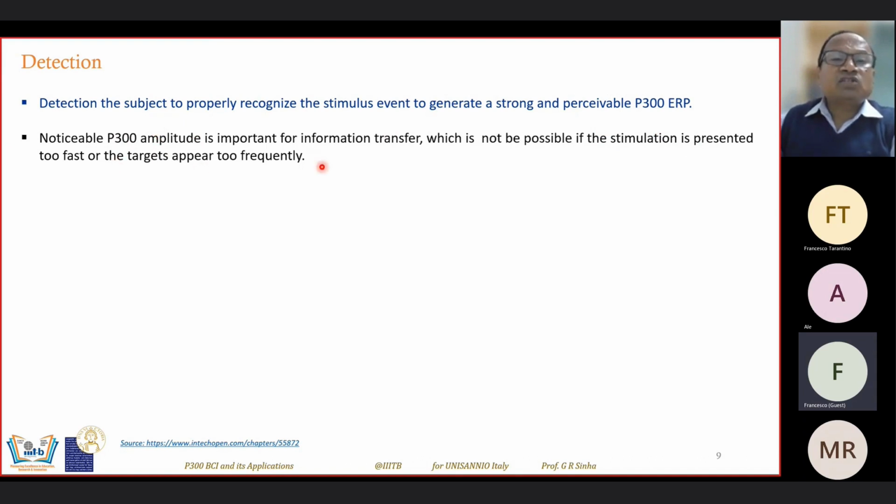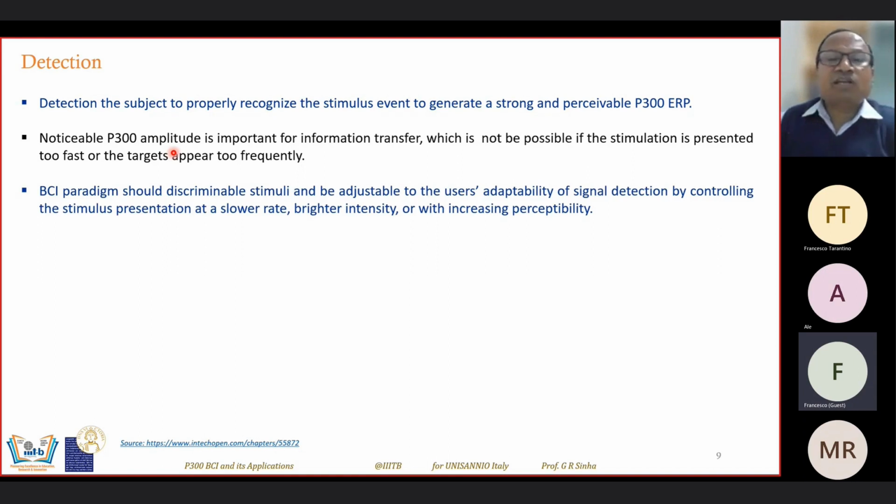Similarly, if the targets which you are asking the subject to watch come very, very frequently, then the sudden impact or surprise event impact won't be created in the subject, and you may not get a noticeable P300 amplitude. So there are some precautions which are very important when you work with P300.